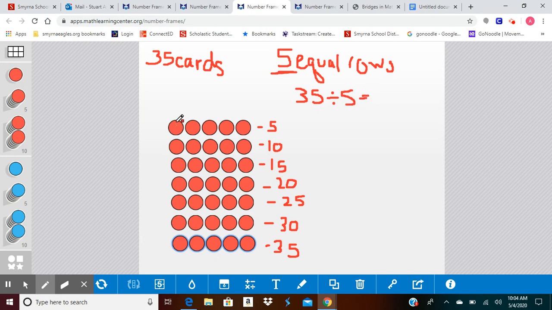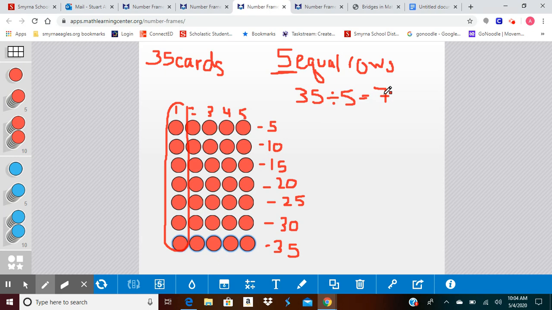So if I look, here's a row, here's the second row, the third row, fourth row, fifth row. So if I go down and count this whole row, what do I have? Well, I have 7 in each row. So this would be my division equation.